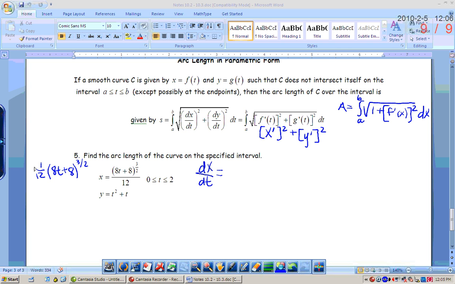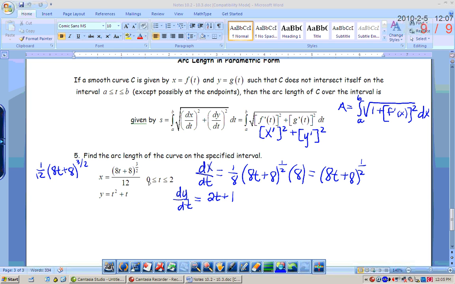So if you bring the 3/2 down, 1/8 times (8t plus 8) to the, what power? 1/2 times 8. Perfect. You're right. So this isn't as horrible as it looks. All right, dy/dt, thank goodness, is a little bit easier. 2t plus 1.